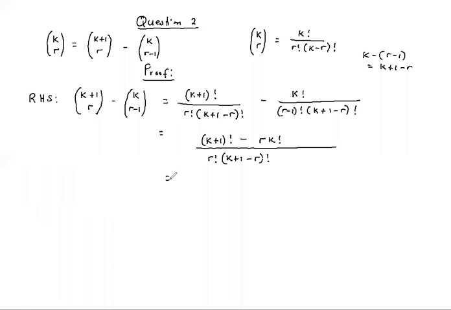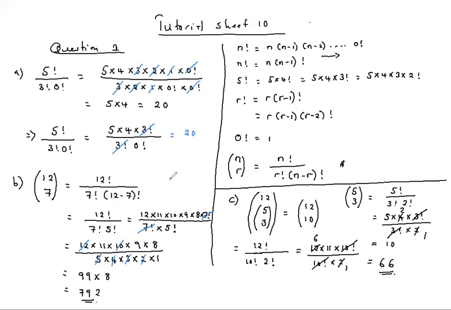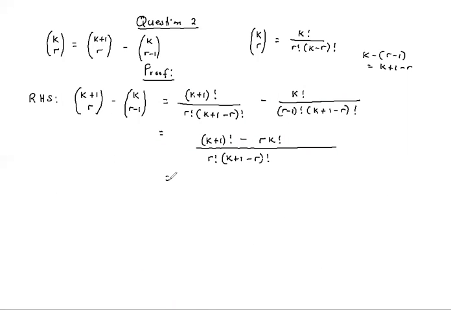Say, okay, if we have this, then from the simplification that we had here, if our n is k plus 1, we can as well reduce it to n minus 1. So the k plus 1 factorial can be written as k plus 1 times k plus 1 minus 1 factorial. That is k plus 1, k factorial. So write it as k plus 1 multiplied by k factorial minus r k factorial.